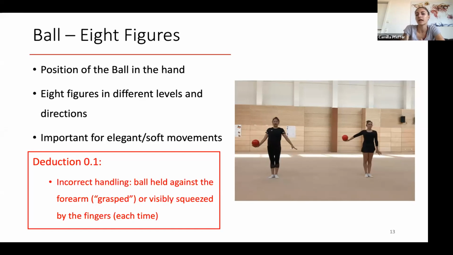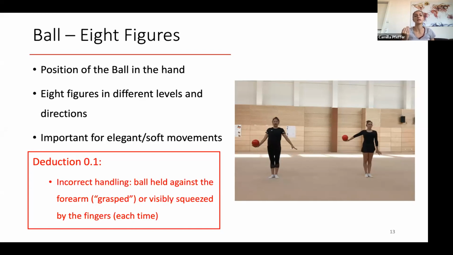The 8 figure can be done in different directions or in different levels. There are not too many examples, but still it is very important for a ball composition because it makes it soft and elegant. It's very soft movement, very clean movement also. And if you, for example, have a small music with the ball, which is mostly the case, you have to put a lot of aids with the waves and to really go with the music, and then you will have a good impression in the end.